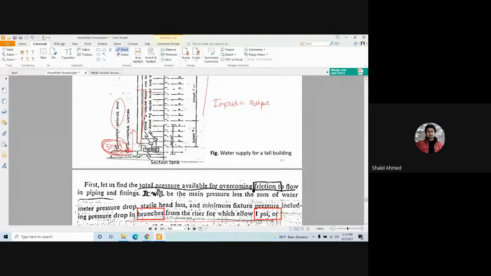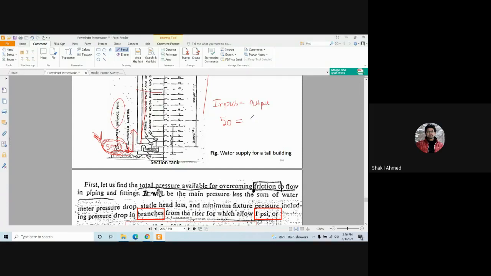Now, in case of this upward flow, I mean the upfeed zone, what is the input energy, guys? 50 psi. You are getting this, right? This is the input, 50. Now, some of it will be used by lifting the water upward. You have to spend energy to lift the water from here upward.